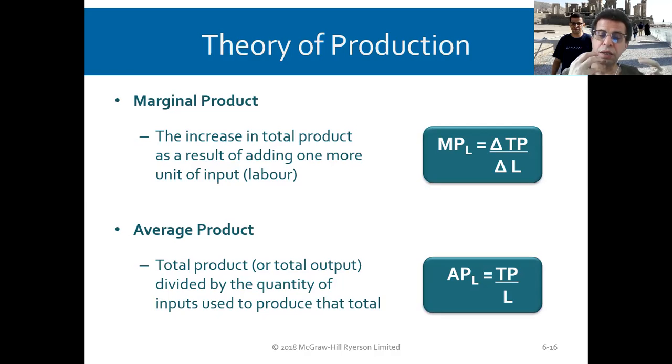So it is the total product divided by the quantity of input used in production. So let's assume you put 10 units in and you produce 12 units of something. We're not going to use dollars here, but it is 12 over 10, which is 1.2, something like that.